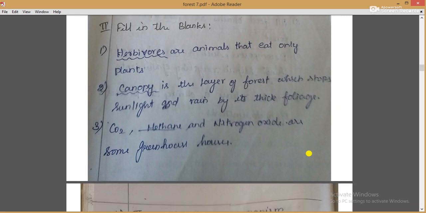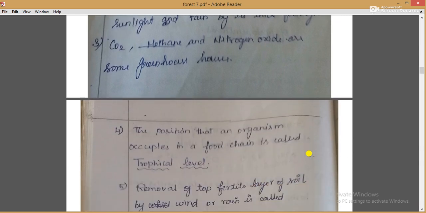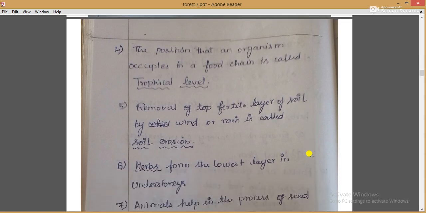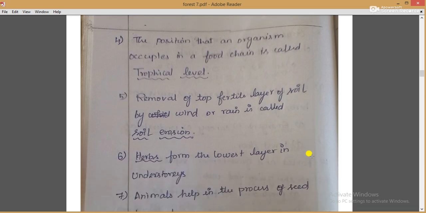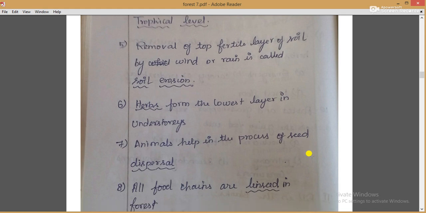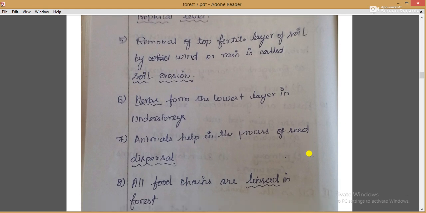Then fourth one: the position that an organism occupies in a food chain is called trophic level. Then removal of the top fertile layer of soil by wind or rain is called soil erosion. Then dash forms the lowest layer in the understory. So the answer is herbs.